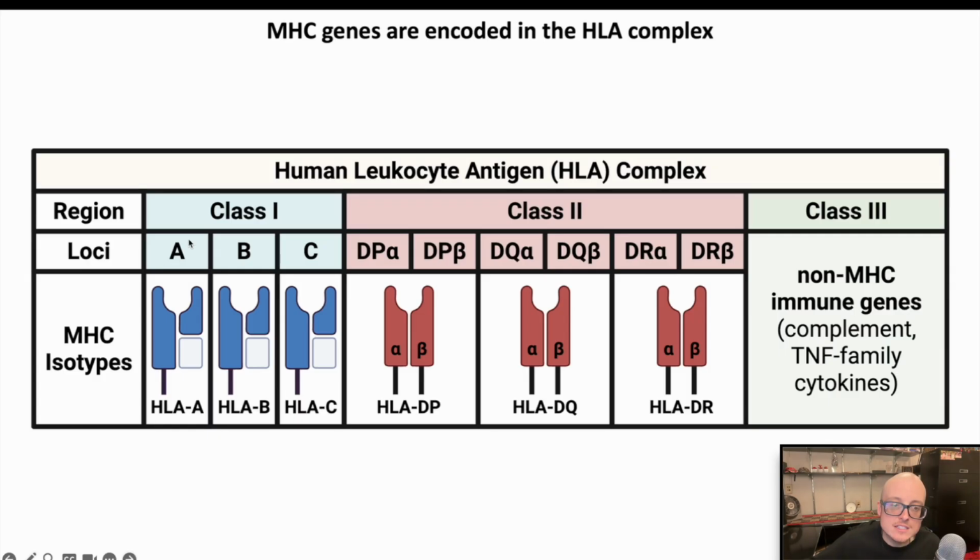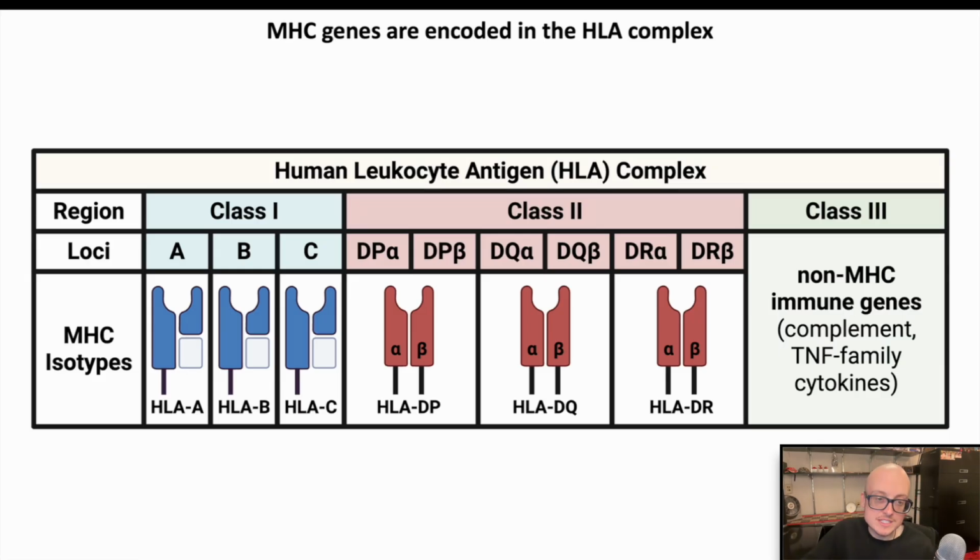These single genes encode the alpha chain of MHC class 1. Recall that MHC class 1 is made up of a single alpha chain, and the subunits alpha 1 and alpha 2 are what make up the peptide binding groove, which you can see here. But that alpha chain needs to complex with a molecule called beta 2 microglobulin, which is being represented by this gray square here.